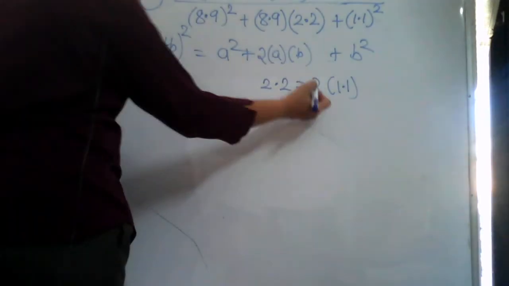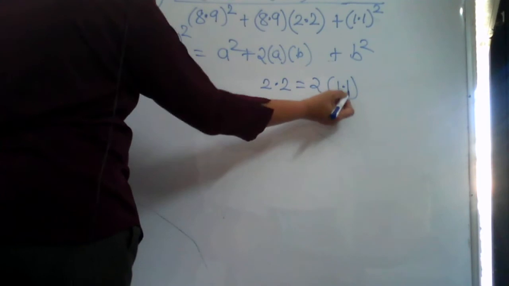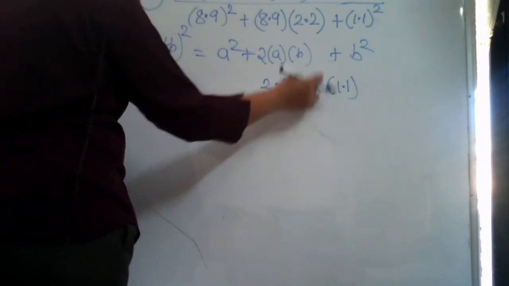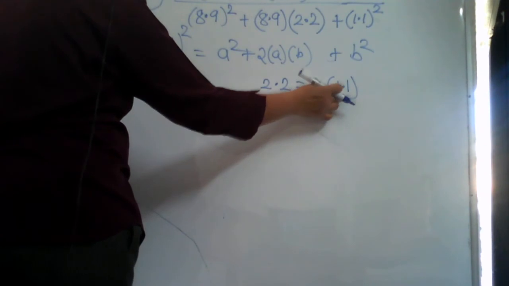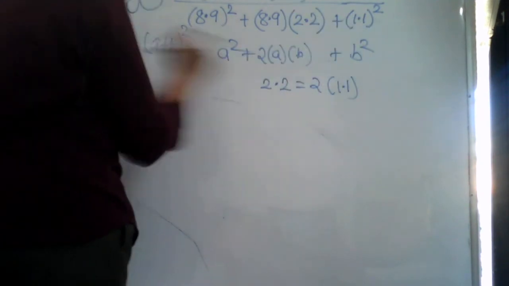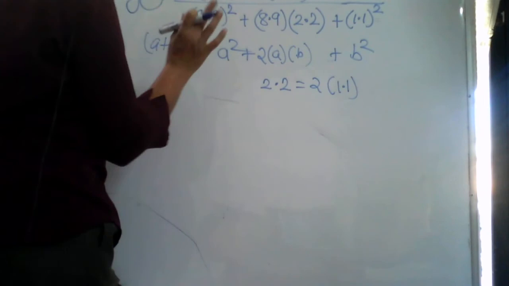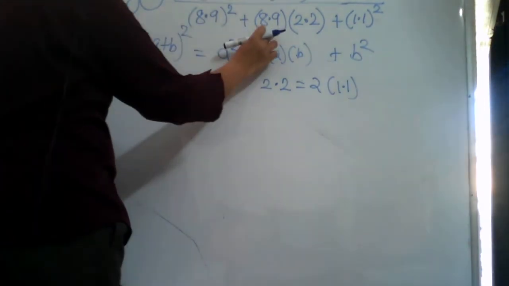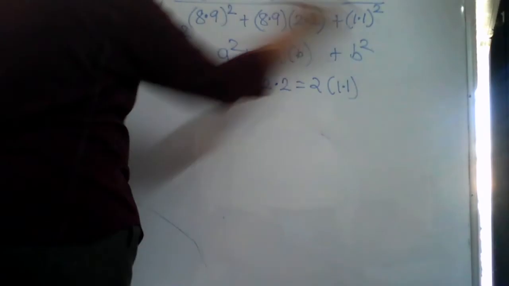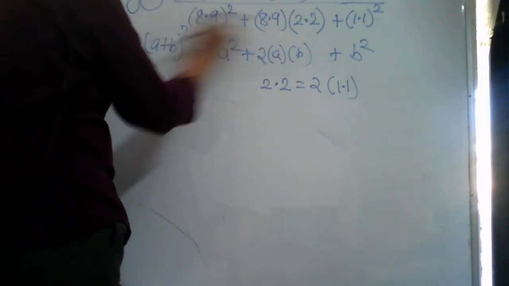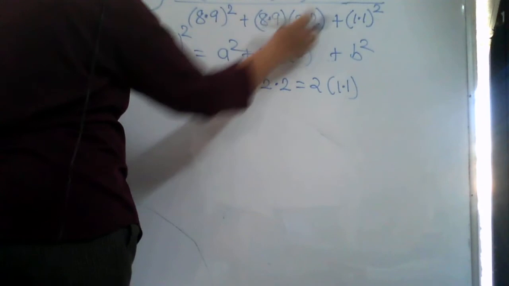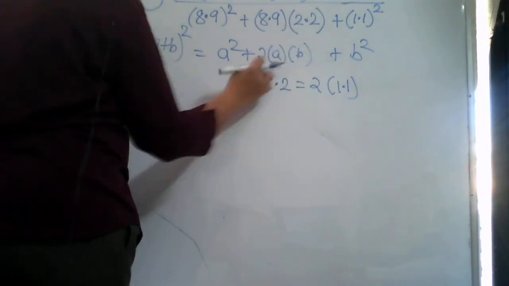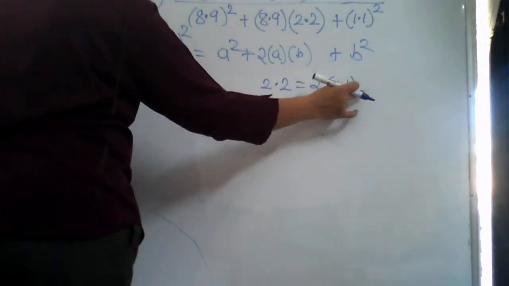Check. Now, if I write this, what I achieve is I have 2 outside as well as I cover up the third term in the expansion, that is b square. So A square is here, B square is here, A is 8.9. You may not find B here. It is in disguise, given as 2.2, which can be written as 2 into bracket 1.1.